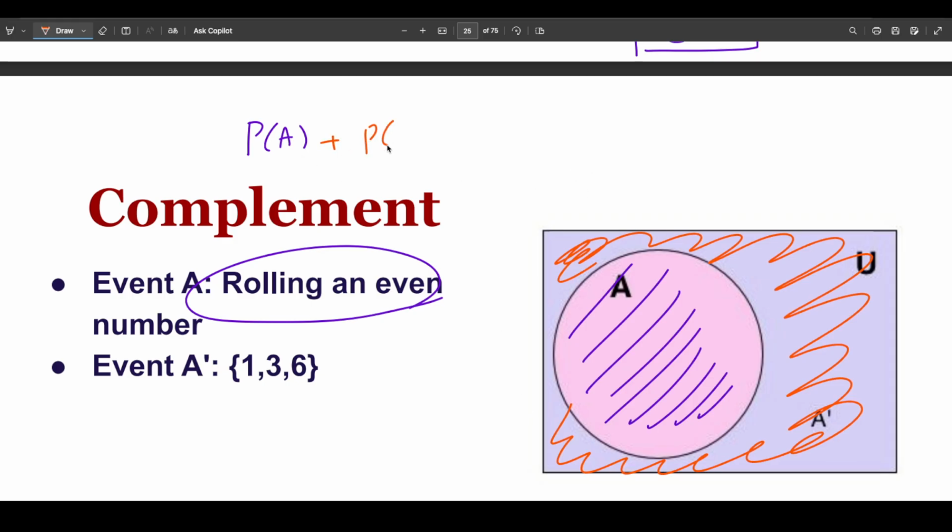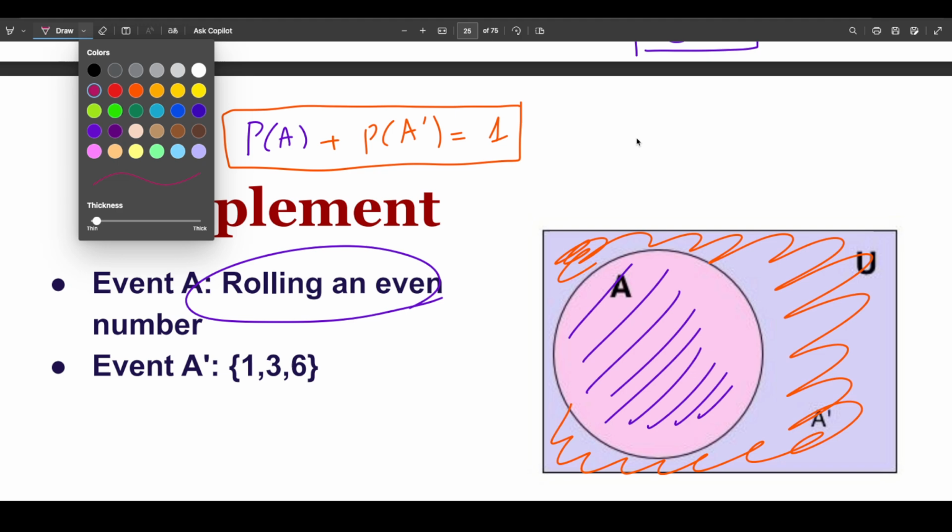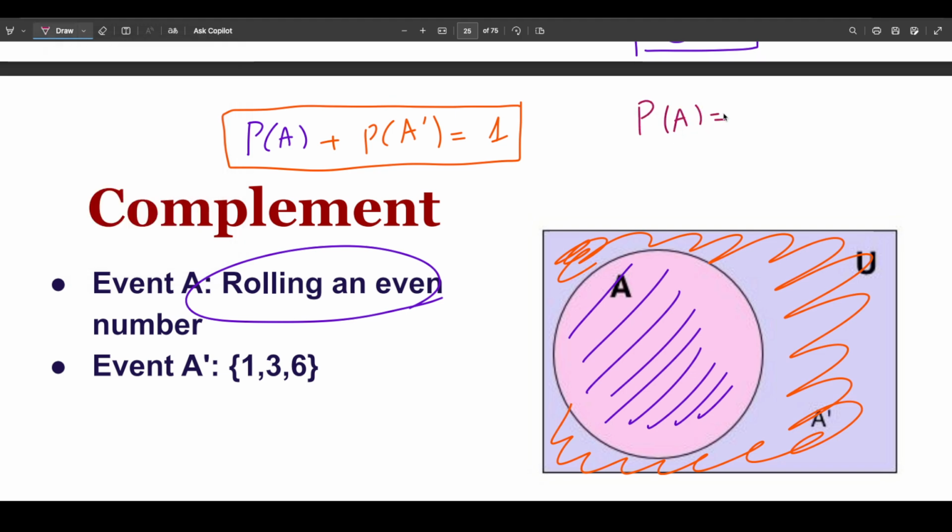Probability of A plus probability of its complement event equals 1. This is a very useful formula. Why is it very useful? Because sometimes in some questions you are asked to find the probability of A, but it's much easier to find the probability of its complement.